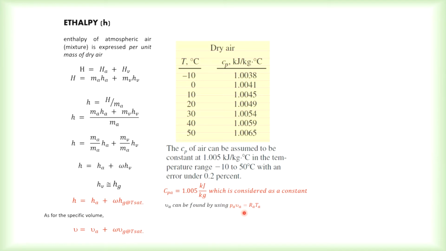To find VA, we can use PV equals MRT. If you want to find VG, you can use PG VG equals RG TG, where RG is 0.4619. So that's for the enthalpy and the specific volume.